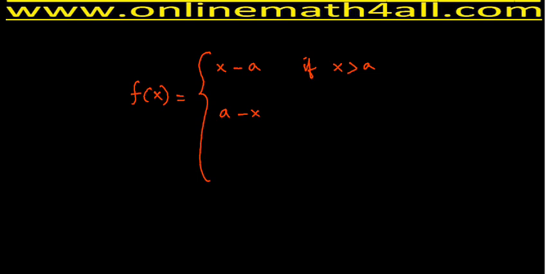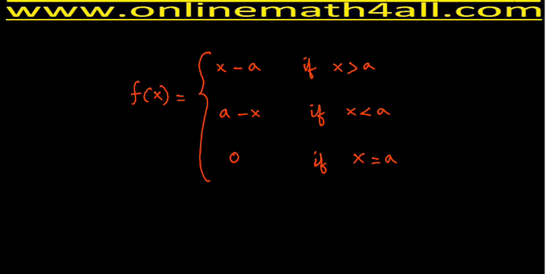So the piecewise function is f of x is equal to x negative a if x greater than a, and a negative x if x less than a, and f of x is equal to 0 if x is equal to a.